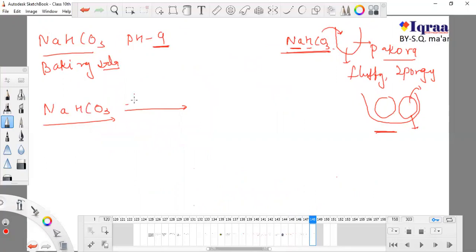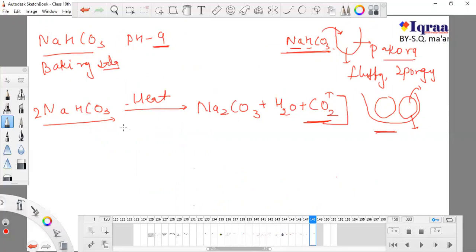Now what would happen exactly? I'm cooking my pakoras and heating this. Definitely everything needs heat to cook. So it will form Na2CO3 plus water plus CO2. Now this CO2 is of use to me.